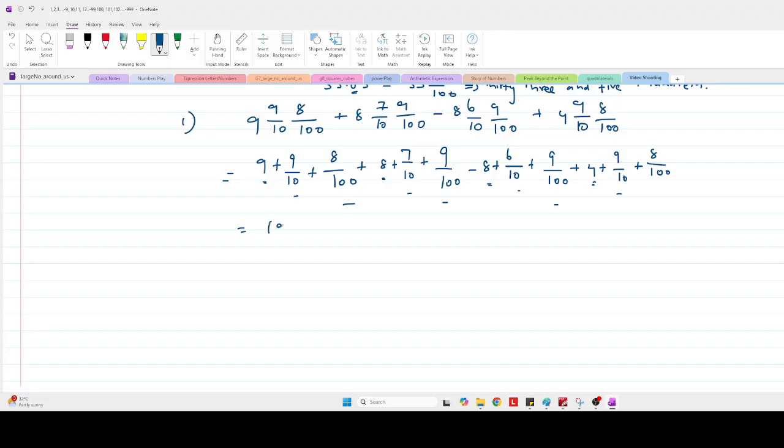Now I can group 9 plus 8 minus 8 plus 4. So I group the whole numbers. Then I need to put plus. Now I am going to group the tenths: 9 by 10, then plus 7 by 10 plus.